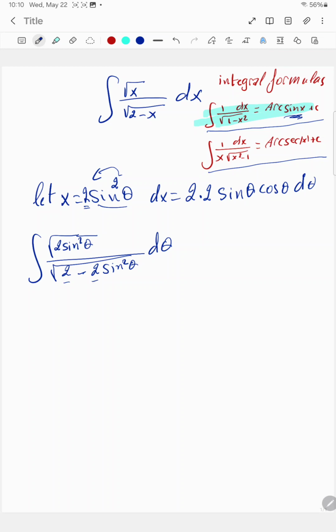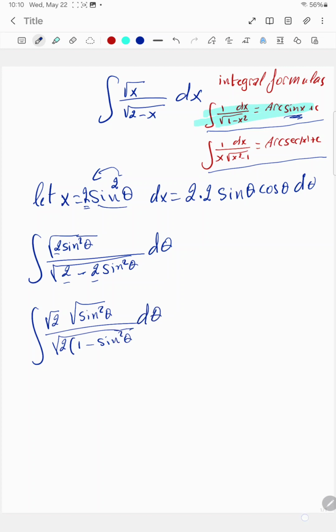We said we're going to factor out 2 in the denominator, and I have square root of 2 in the numerator, which is very good. So my integral becomes square root of 2 times square root of sine squared of theta, divided by square root of, I can factor out 2 here, 1 minus sine squared of theta d theta.